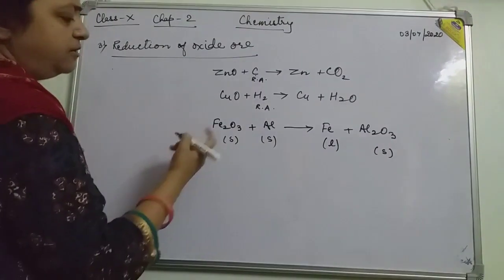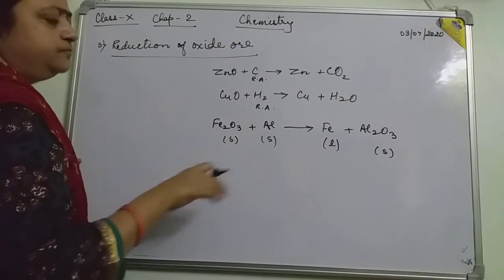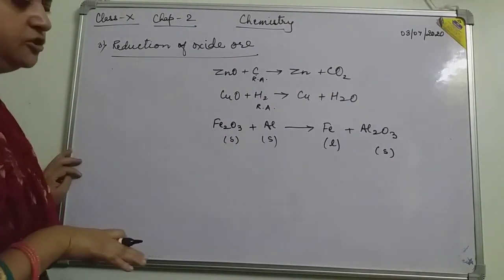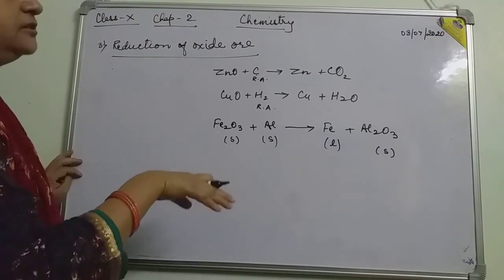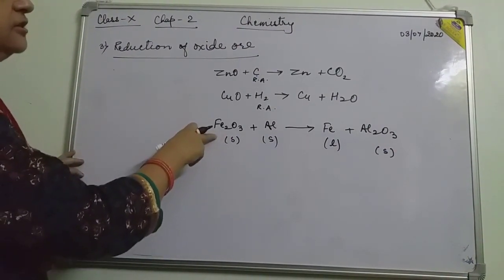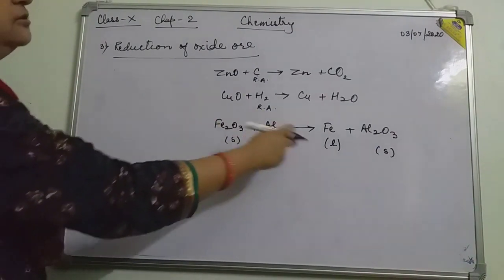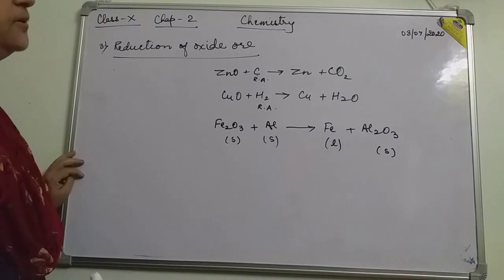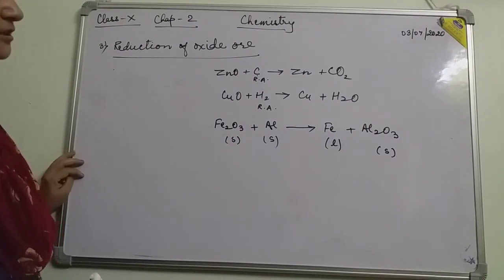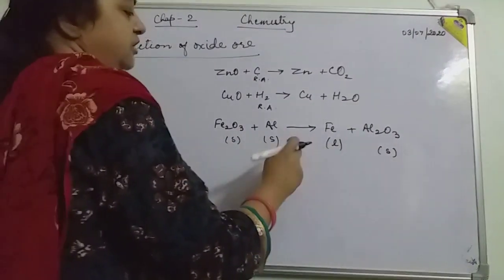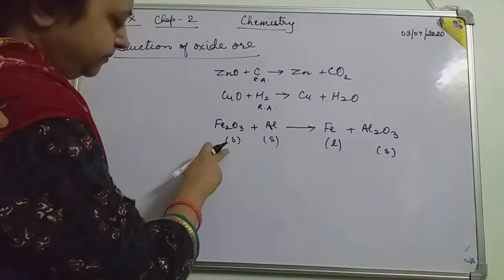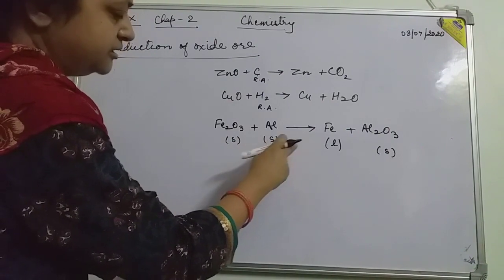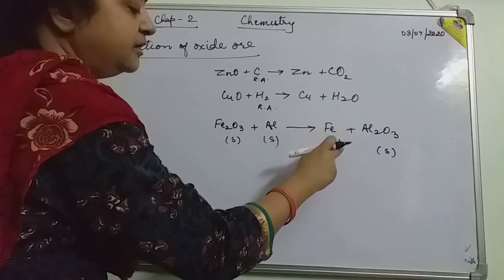Because it is in liquid form, we can use it to repair railway tracks. A machine moves on the railway tracks, and where this reaction occurs we get iron in liquid form, and by this liquid we can repair railway tracks, etc. In this reaction, iron oxide in solid state and aluminium in solid state form iron in liquid state.